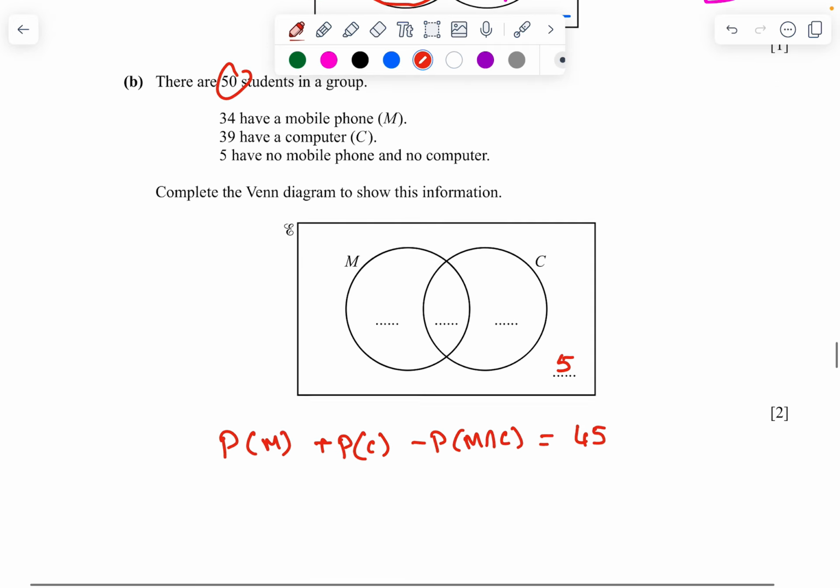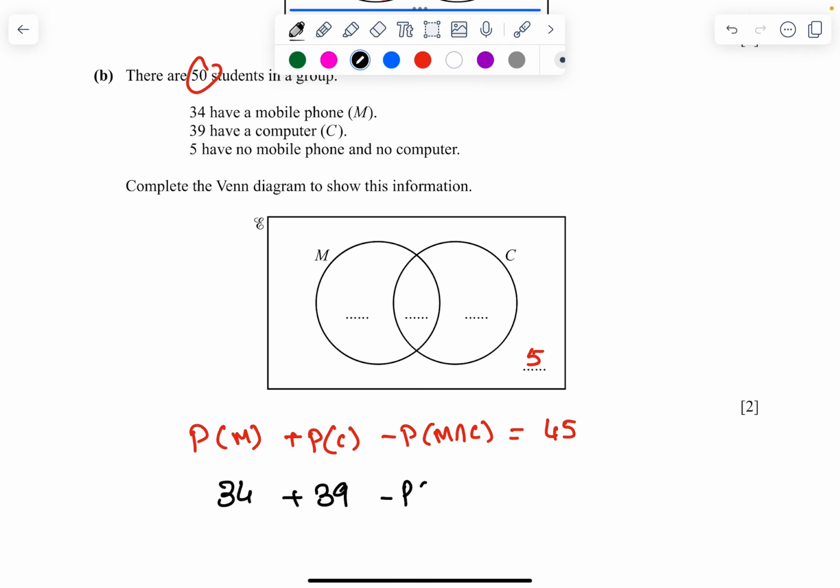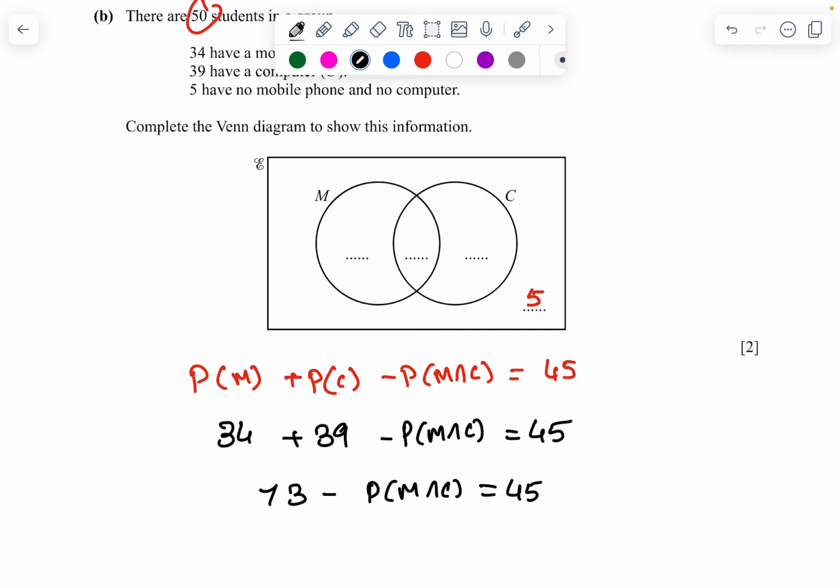P of M is nothing but how much? 34 and 39. 34 plus 39 minus P of M intersection C should be equal to 45. 34 plus 39 is nothing but how much? 73. 73 minus P of M intersection C equals 45. So this is a formula that we need to memorize.